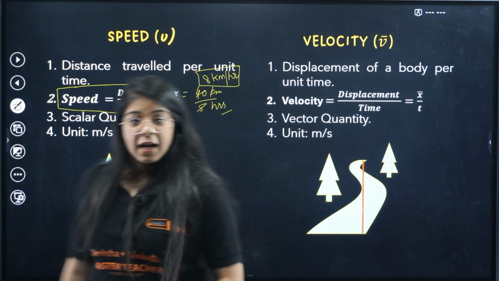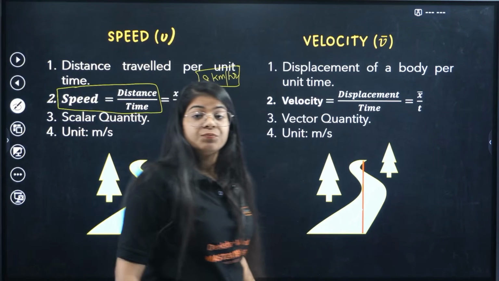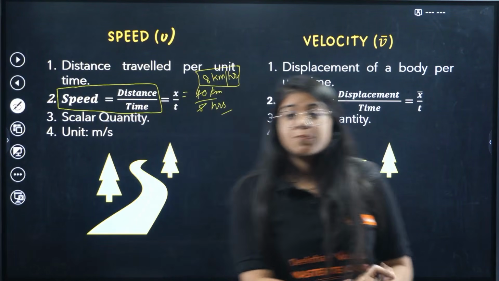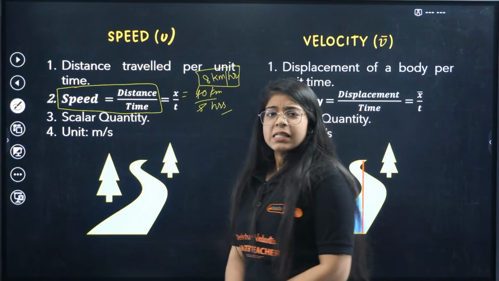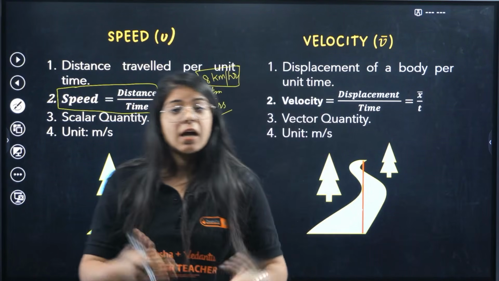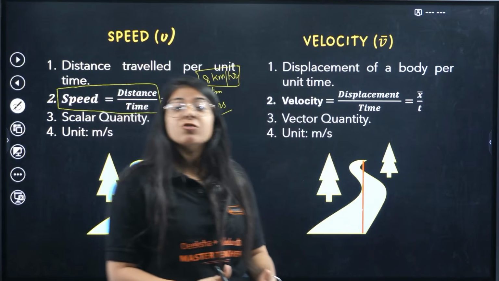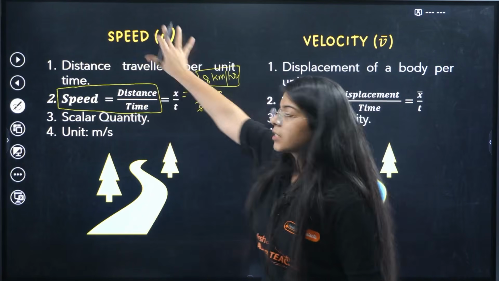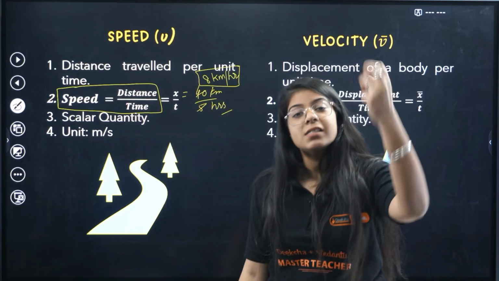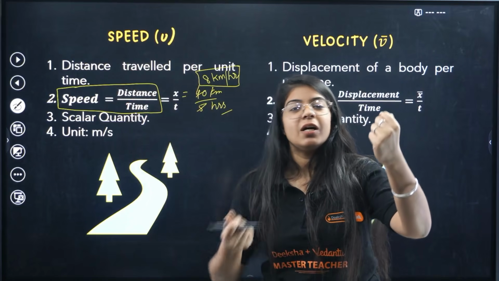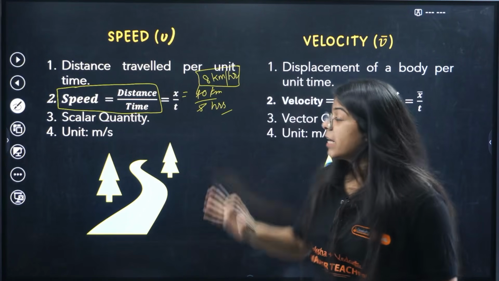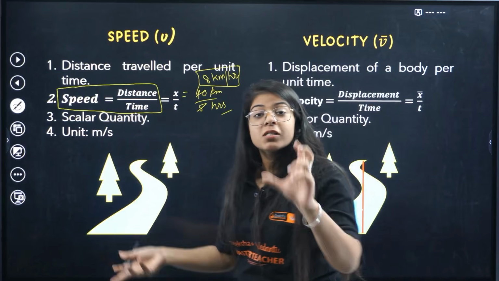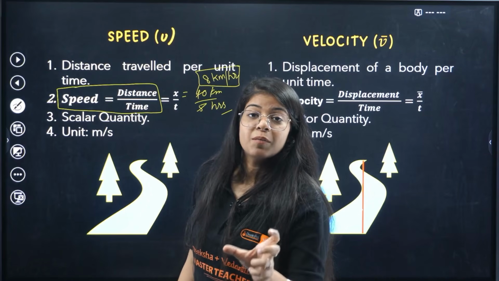Okay, done? Understood? Now, why we calculate speed is basically we use that all in our cars. The speedometer actually gives us the average speed, and we'll talk about that too. So this speed is clear. It's the distance you traveled in a particular interval of time. Then it is also a scalar quantity because we mentioned distance traveled per unit time.